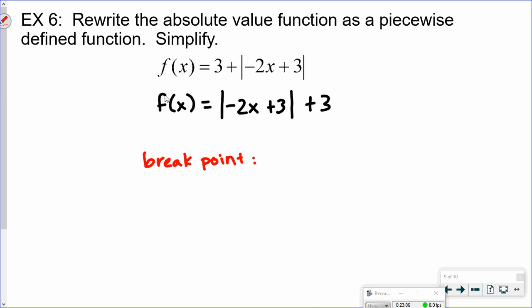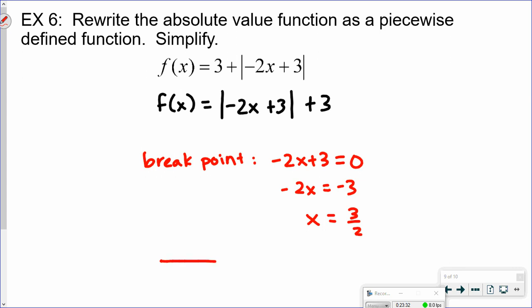So our breakpoint comes from the changes on x, which is just what's inside our absolute value. So I set negative 2x plus 3 equals 0. So then I can find the change from 0 of my breakpoint. So subtract 3, divide by negative 2, so positive 3 halves.